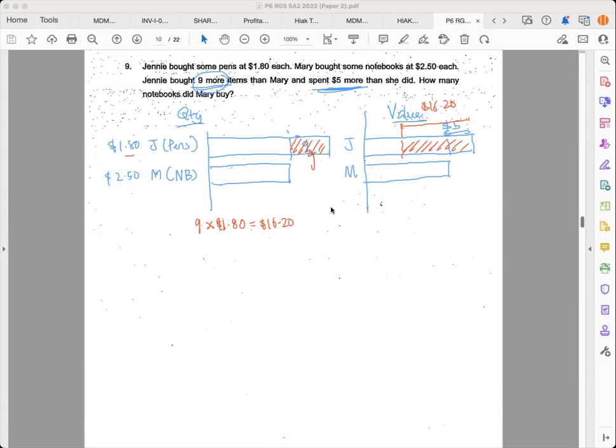So what is left here will be equal to $16.20 minus $5. You will get $11.20. So this portion is $11.20.